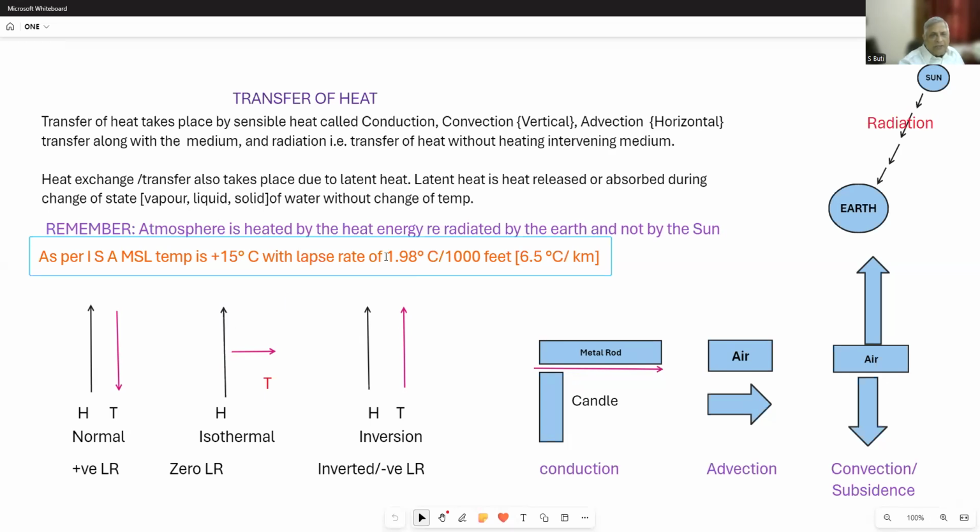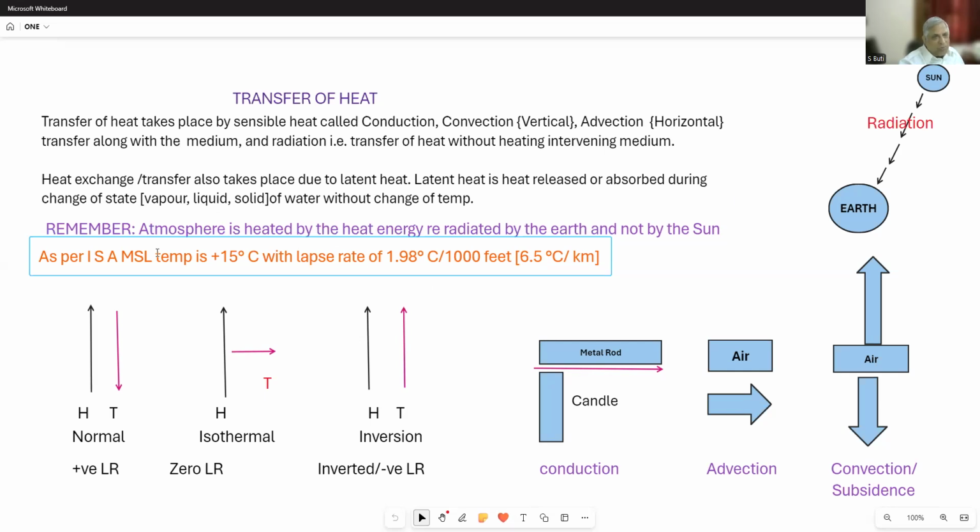And there is an average lapse rate of 1.98 degrees Celsius per 1,000 feet, which is 6.5 degrees Celsius every kilometer. The temperature will fall in a standard atmosphere.